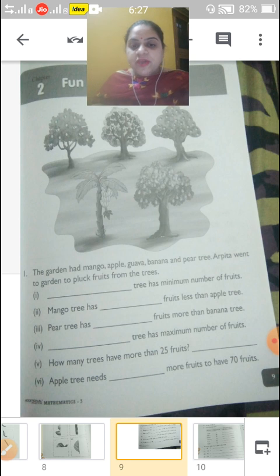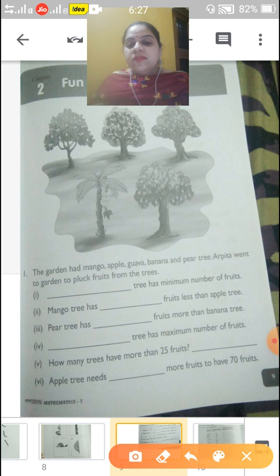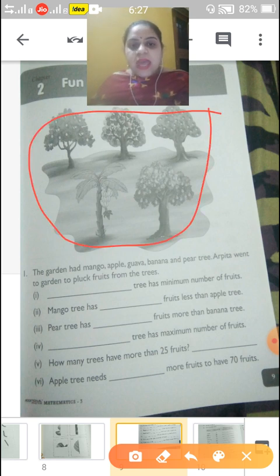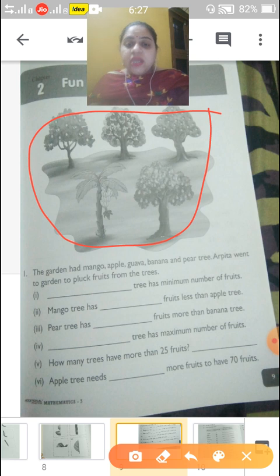So children, in this is a garden and Arpita went to the garden and she plucked some of the fruits. So children, the first part of the question: dash tree has minimum number of fruits.